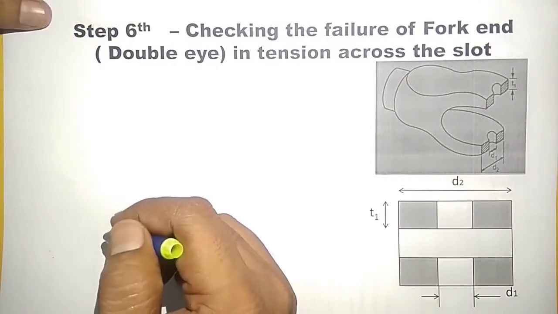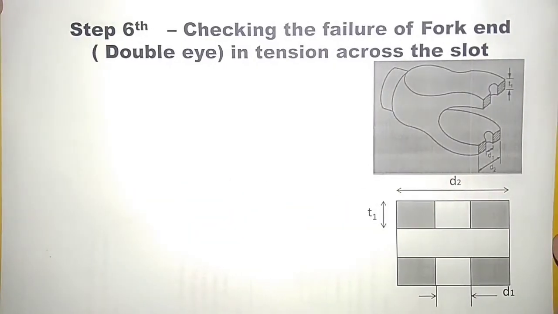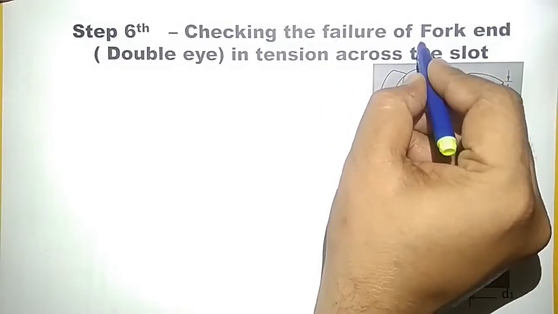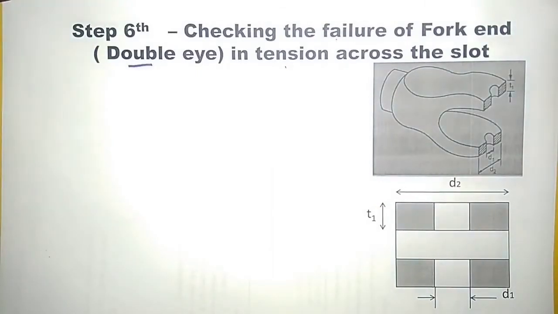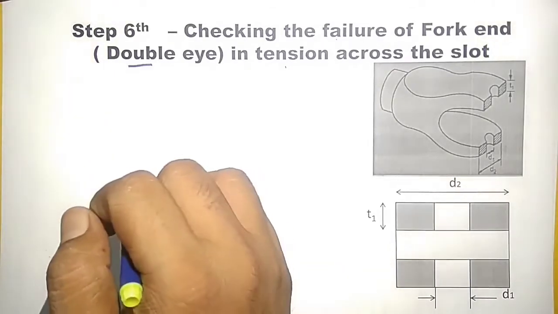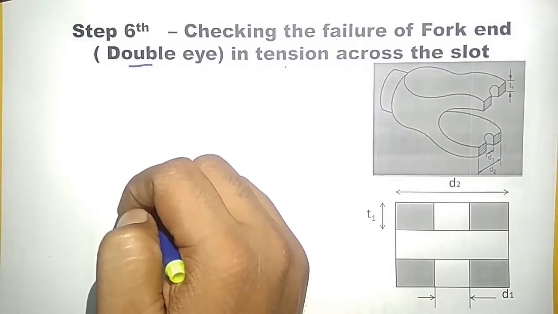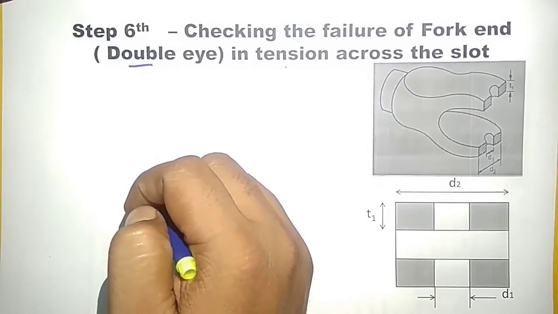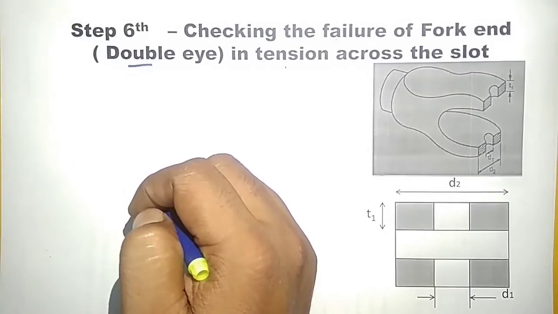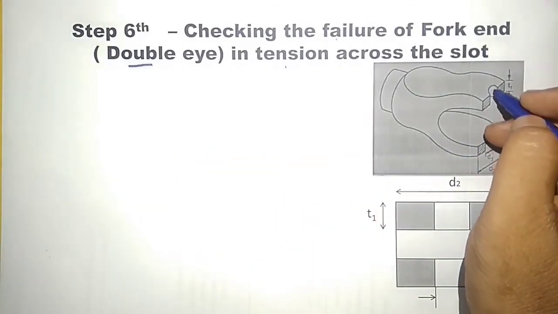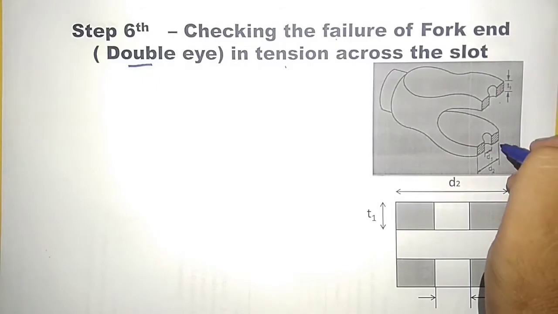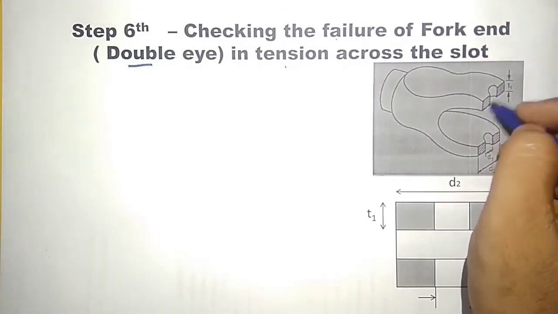Come to the next step, step 6: checking the failure of fork end or double eye in tension across the slot. Similarly, as we saw the failure of single eye in tension across the slot, the failure of the fork also occurs like a single eye. It means that whenever the tensile load is applied on the ends, both rods undergo tensile failure, so the failure will occur like this.